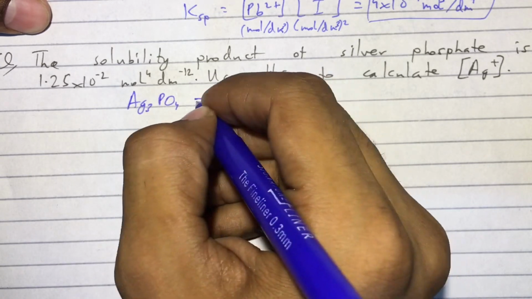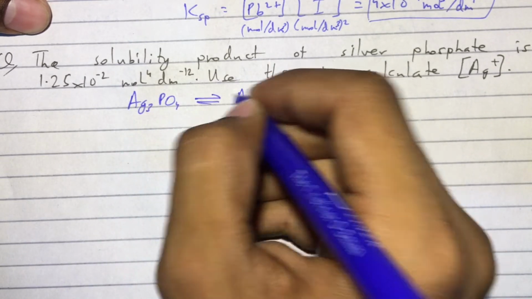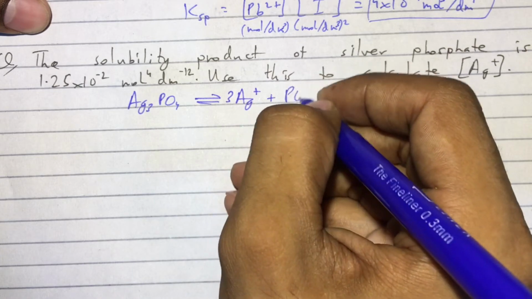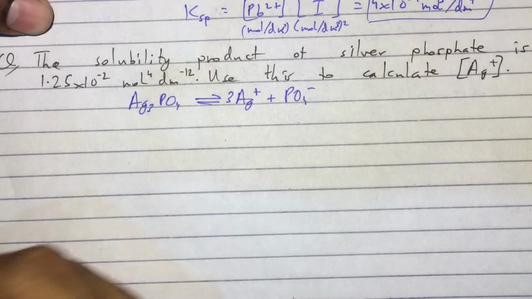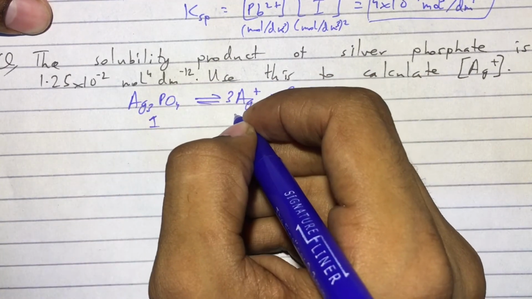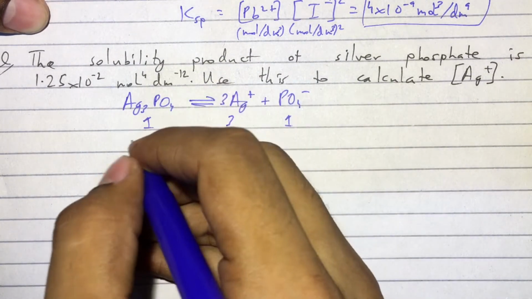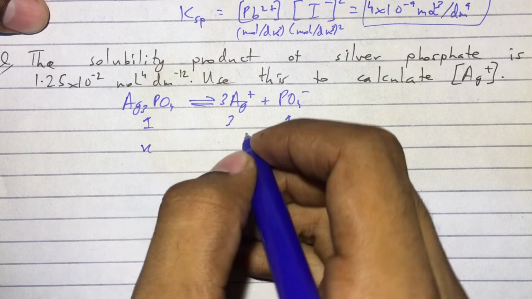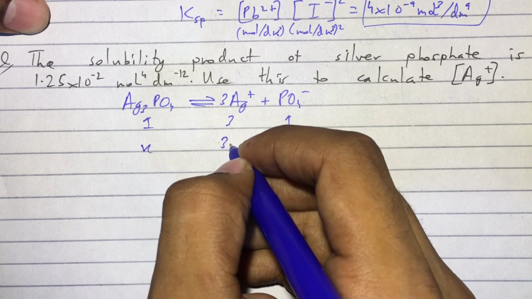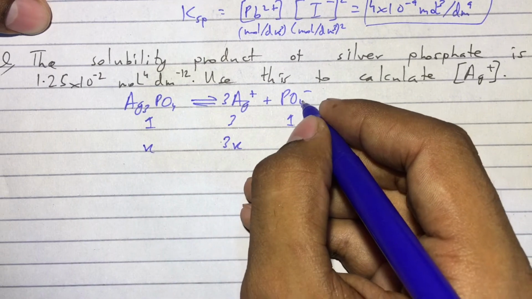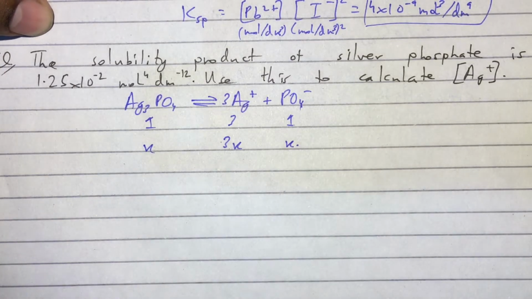This dissociates into Ag+ and PO4 3-. So the molar ratio is 1:3:1. So let's say if the concentration of Ag3PO4 was x, the concentration of Ag+ would be 3x and PO4 3- would be x, right?